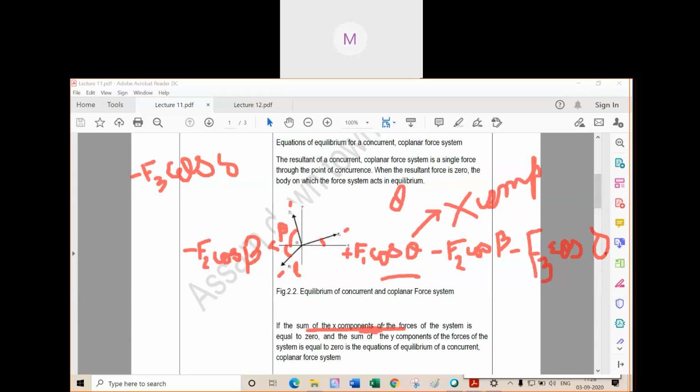Now similarly, if you take the sine components, this one is sine and this one is cos.